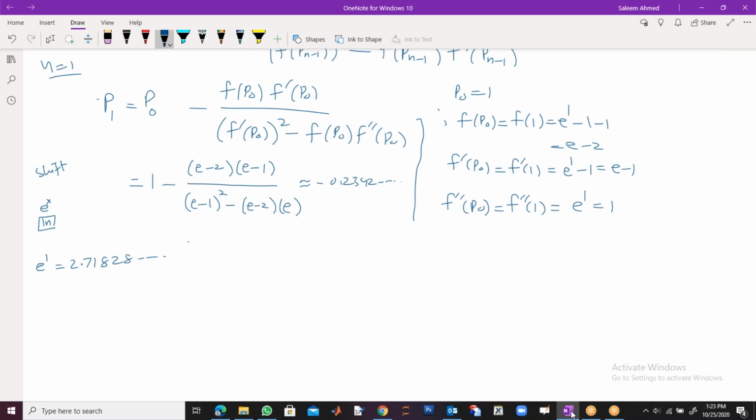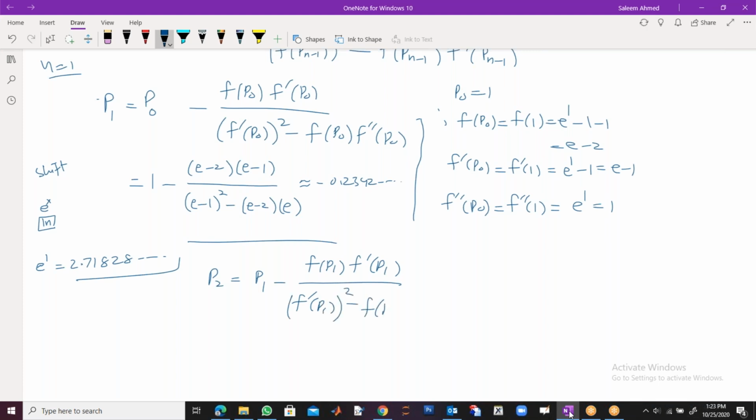Similarly, you can get more steps. After getting this P1, you can find P2. P2 will be P1 minus f of P1 times f prime P1, divided by f prime P1 squared minus f P1 times f double prime P1. Now put this P1 here.